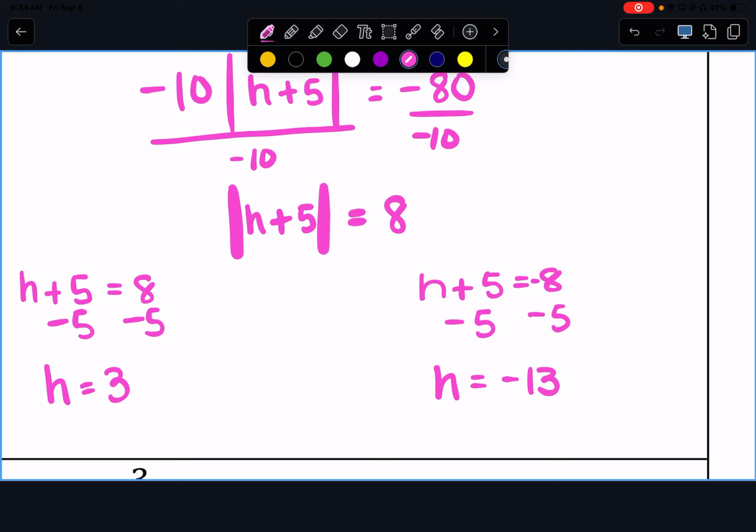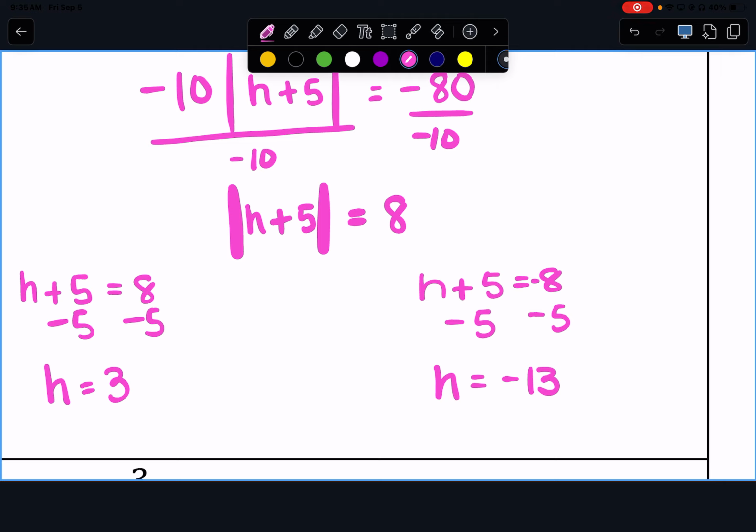Okay, so we take negative 8 and we go back 5. So negative 9, negative 10, negative 11, negative 13. That's why you count it out.